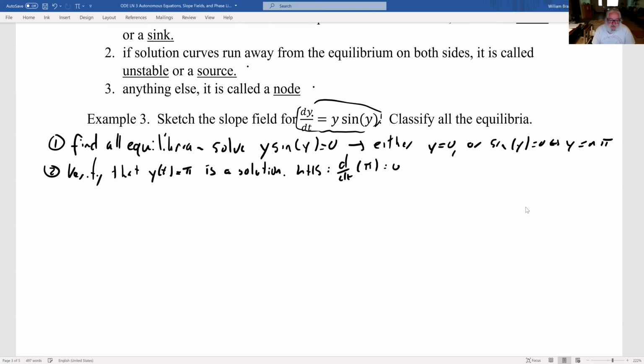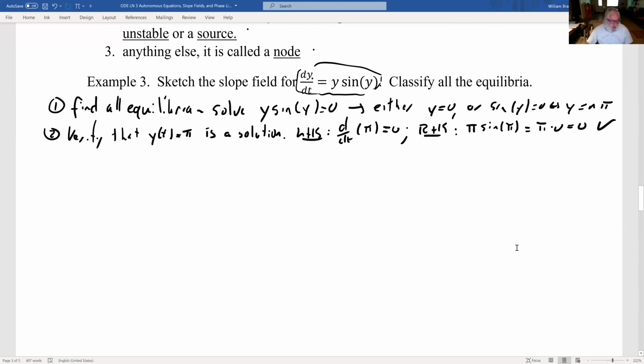The derivative of a constant is 0. Right-hand side, we get π times sin π, and the sine of π is 0. So left-hand side equals right-hand side, it's a solution. So good, the equilibrium solutions are in fact solutions.